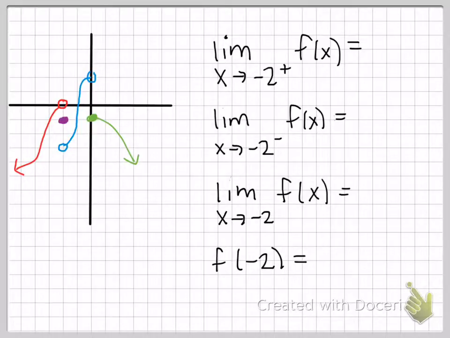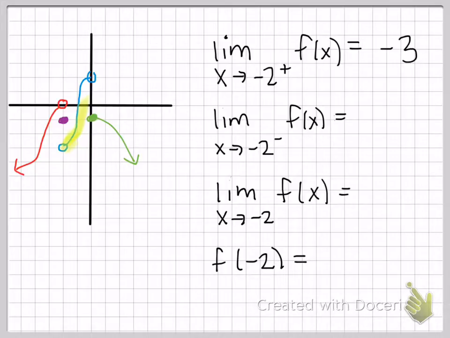So we're going to work on -2. As I approach -2 from the right, we're going to be on that blue piece of the function. So I go to the right of -2 and I travel towards it, and notice I'm approaching a y value of -3.